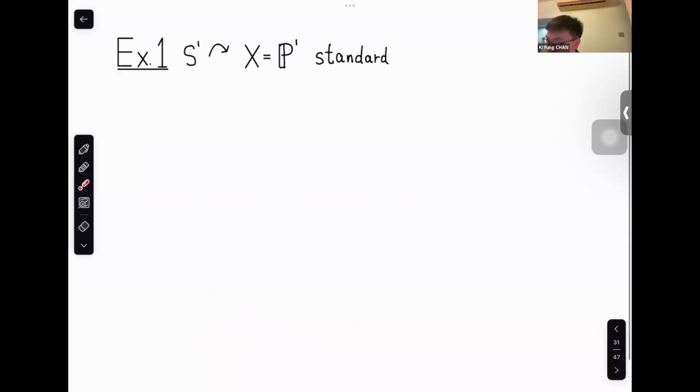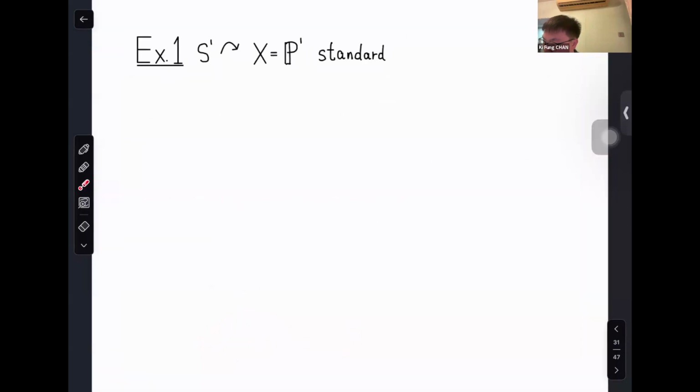Still the same example: S1 acting on P1 with the standard action. So the 2D mirror X check is equal to C star, and the superpotential is x plus 1 over x. And the map to TC check, which is C star, is the identity map.